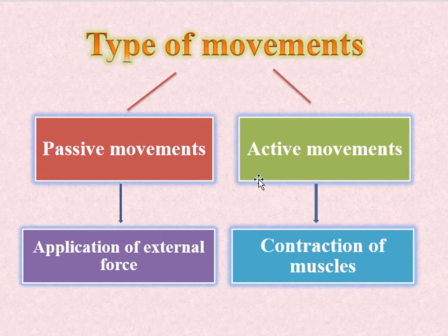In active movement, basically your muscles are contracting and performing the movement. In active movement the patient can perform it by themselves, but passive movements are performed by an outside source because the patient's muscles are weak and unable to perform these types of movements.